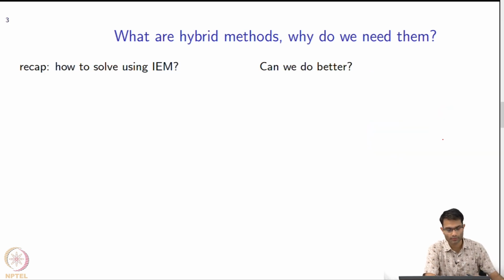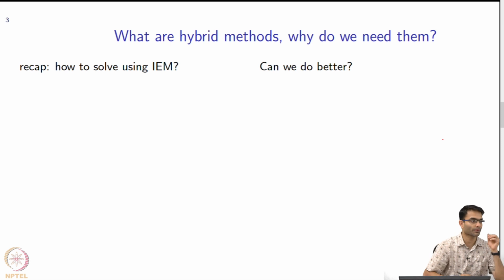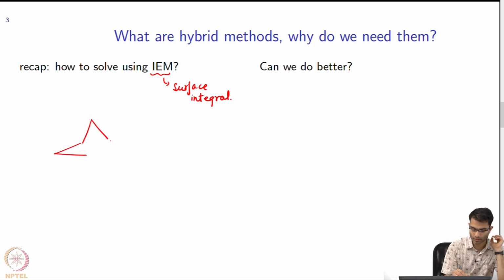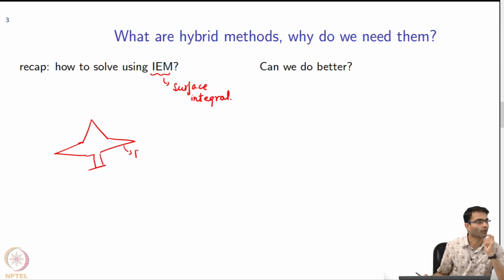So when we come to integral equation methods, by integral equation methods I am particularly talking about surface integral methods. In surface integral methods, let us say this is my object over here with this boundary defined to be some gamma. So what was my approach in this case?